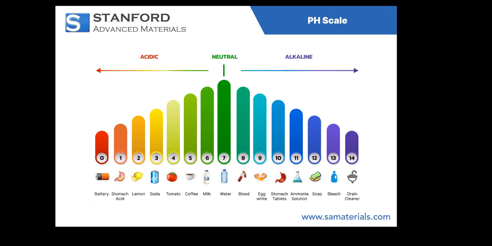What does that say about a battery? That tells you that a battery is very acidic, isn't it? So that is one thing we might need to make sure that we are able to observe there, right?